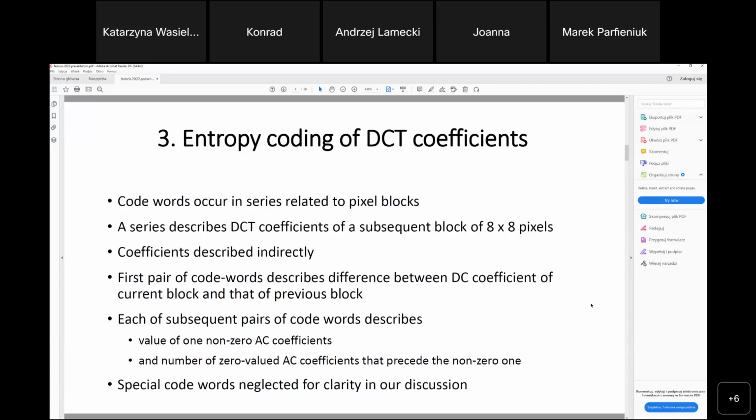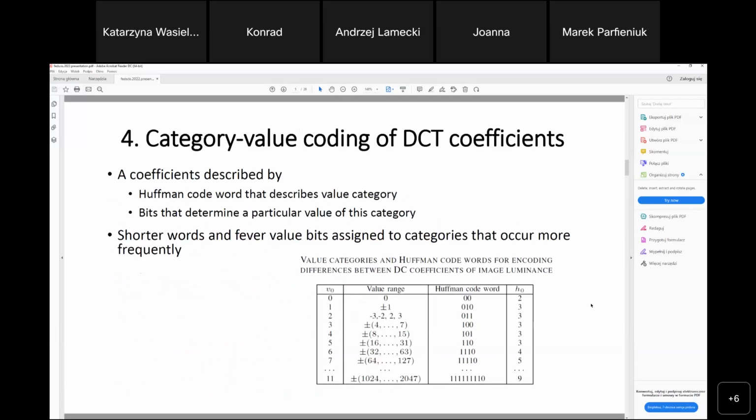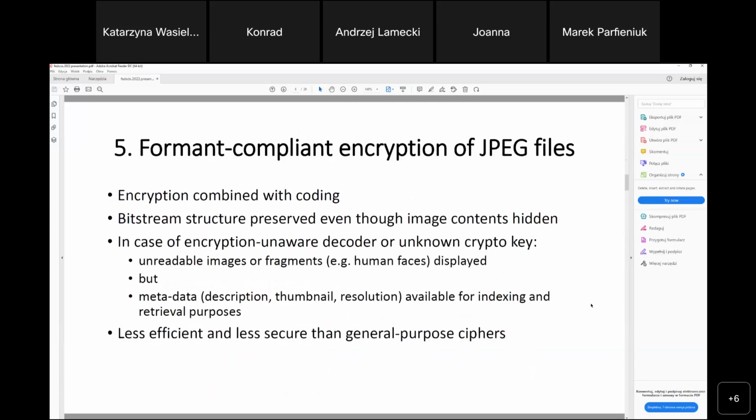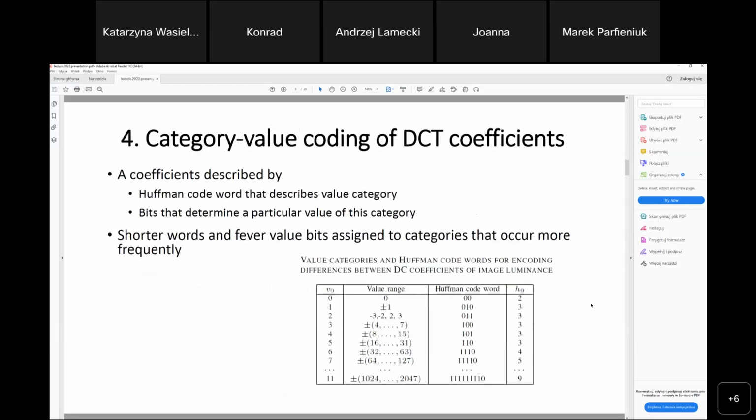There are some special codewords, but I neglect this in order to keep clarity of our discussion. The last thing to recall is how DC coefficients are coded using category value codes.